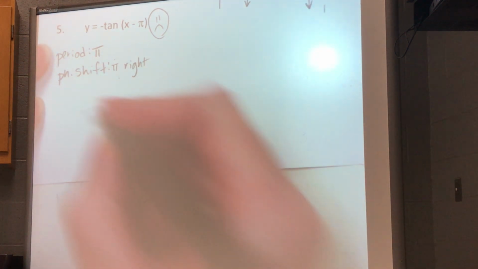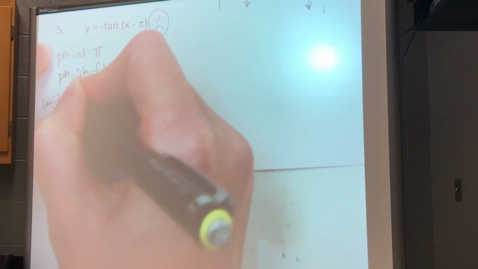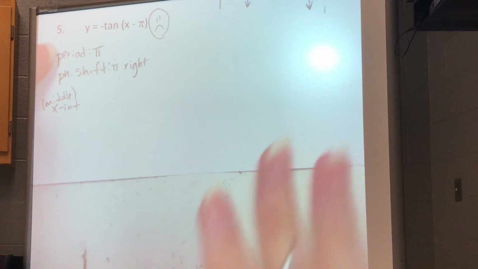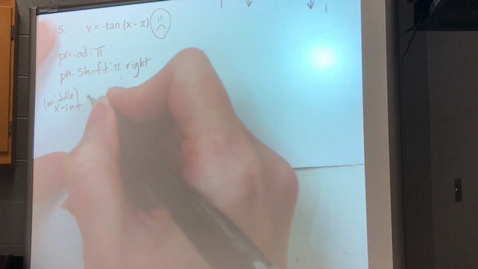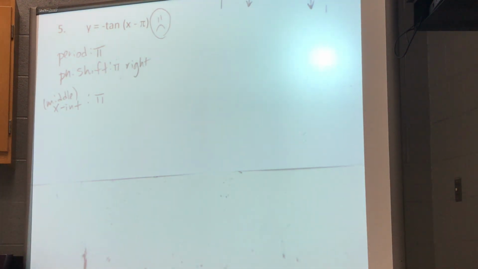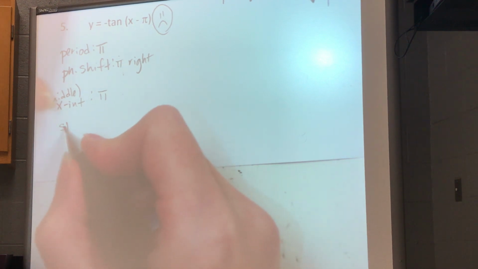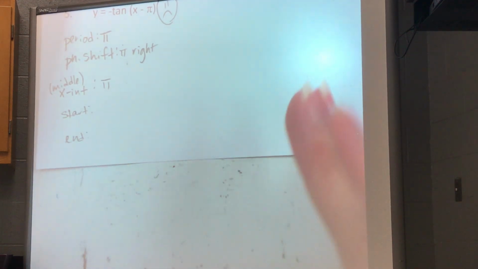Okay, so normally on tangent, the x-intercept, or the middle of the first period, is at 0. But this time, that middle has been shifted pi to the right. So that's going to make the x-intercept of one of our periods be pi. And then the starting and the ending are your vertical asymptotes. From the middle, you're going to add half a period on each side, or really subtract and add.